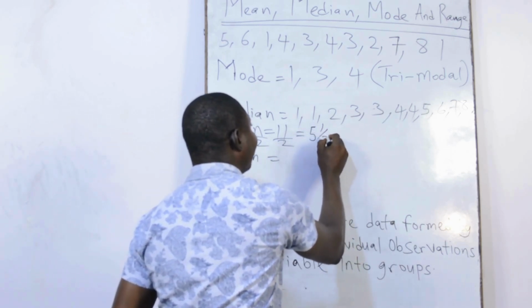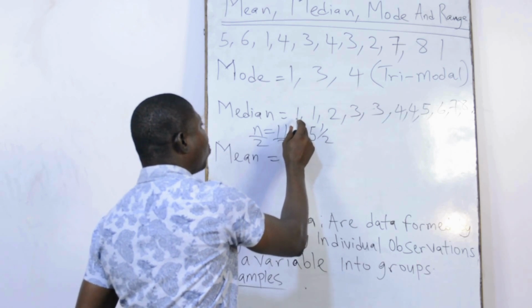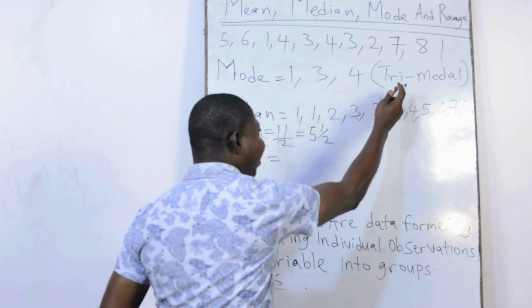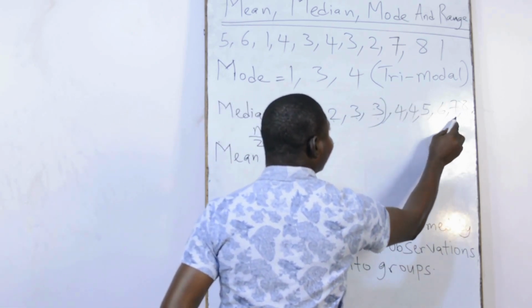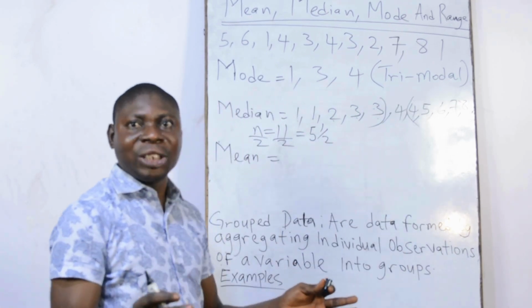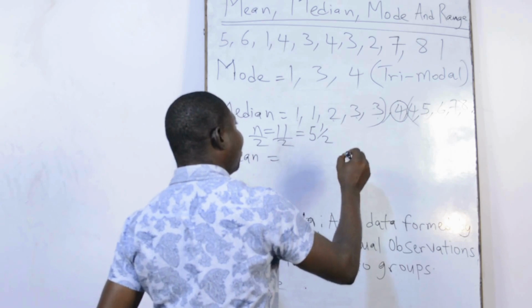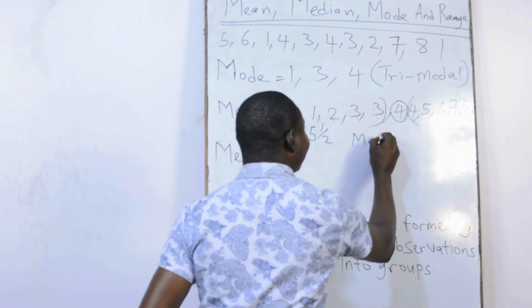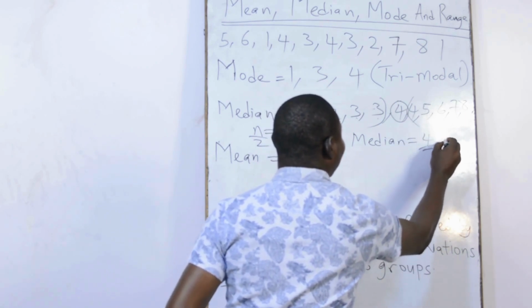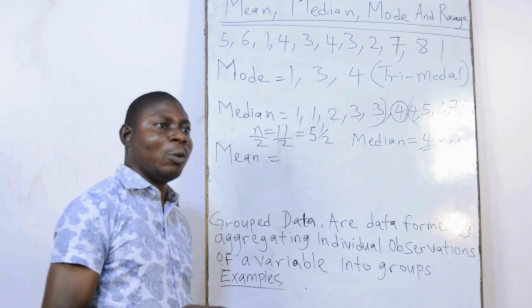You count 5 from one side, and 5 from the other side. The addition of the 2 halves gives us 4, which is the median. So our median will be 4.